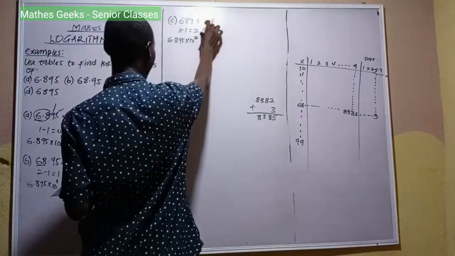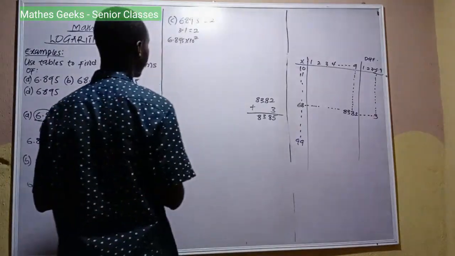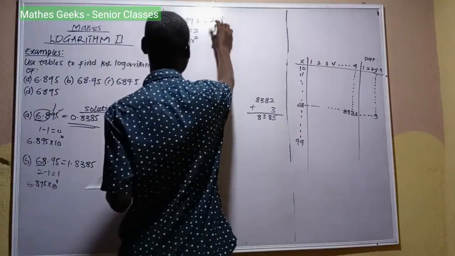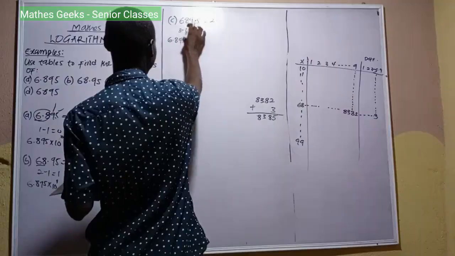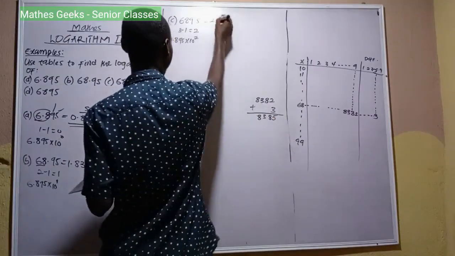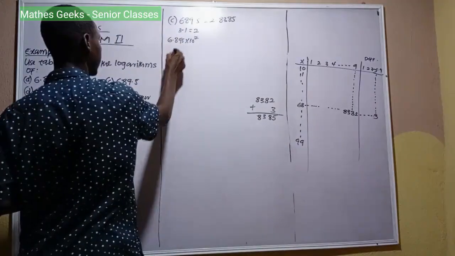So which gives our characteristic value to be 2. Now the next thing is to get the mantissa part, and to do that, 68 under 9 difference 5, which is 8385.